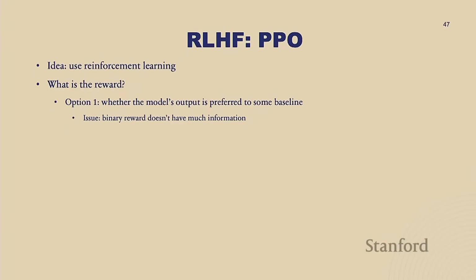better it was. So option 2 is that you can train what we call a reward model, which is simply a classifier. So you use machine learning to classify how much better two outputs are from the perspective of the human.